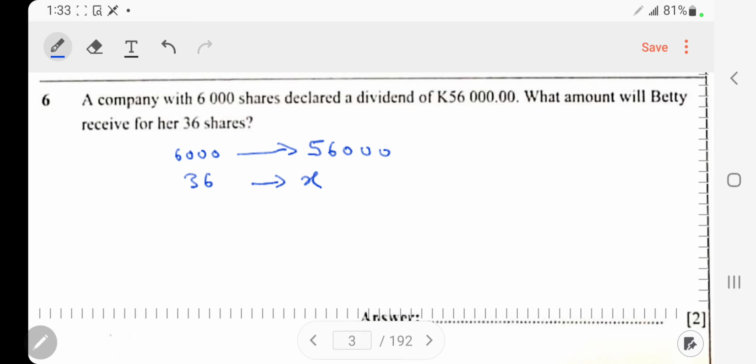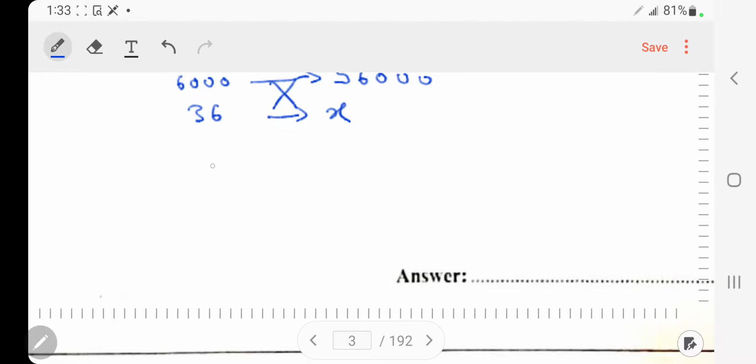Upon doing that, we are going to cross multiply. When we cross multiply, we have this 6,000 multiplied by x.